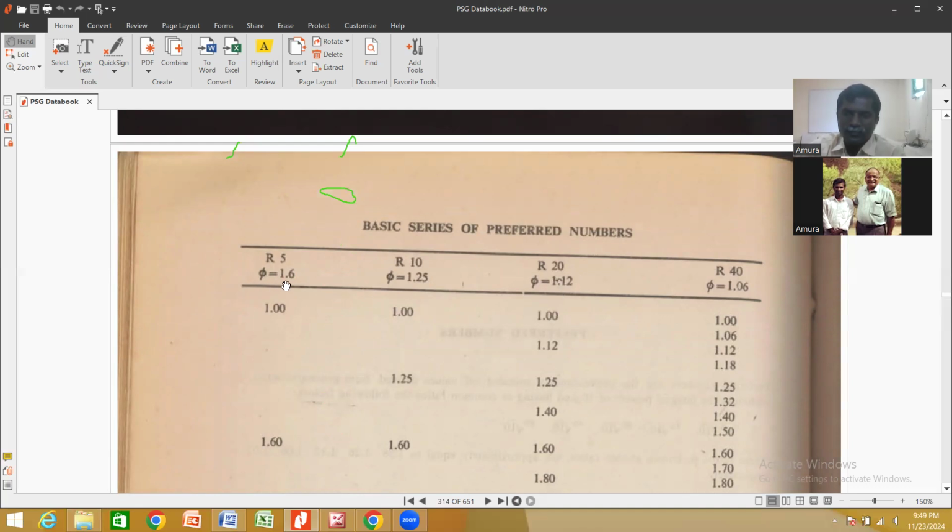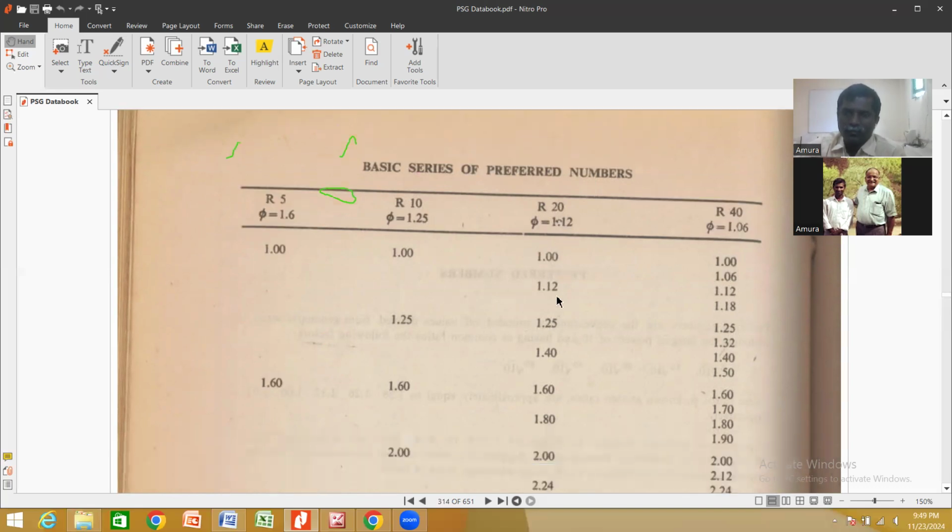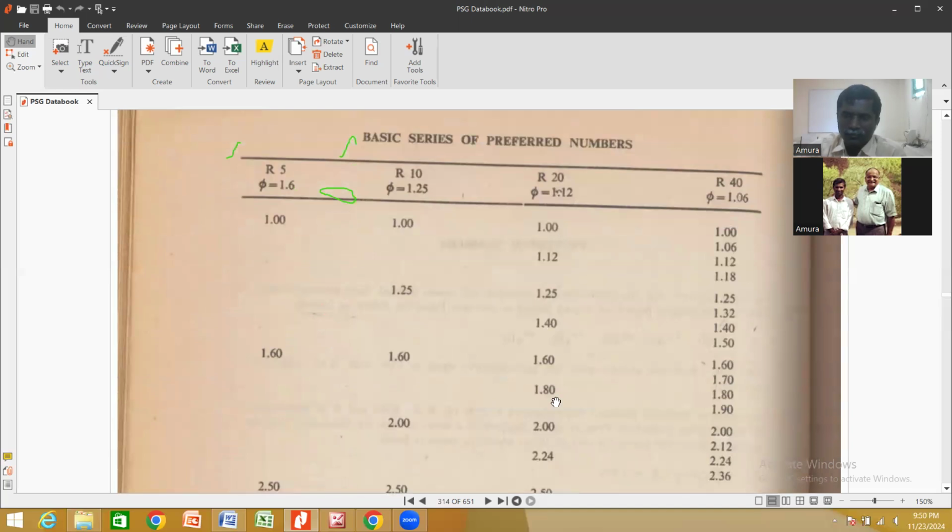We have various series: R5, R10, R20 and R40. Based on the accuracy level we expect, we can choose a series. In most cases, people use the R20 series as a common method, so I am choosing the R20 series. From this, we choose the next value above the calculated value from the R20 series. That is the standard diameter for the shaft during the design of the shaft dimension.